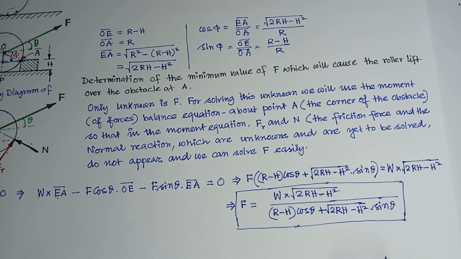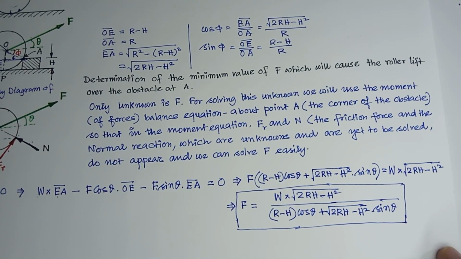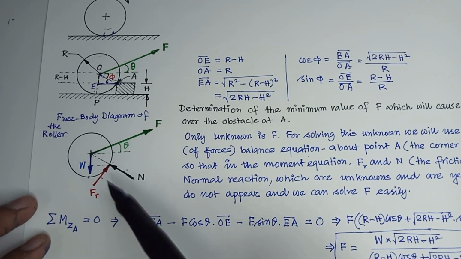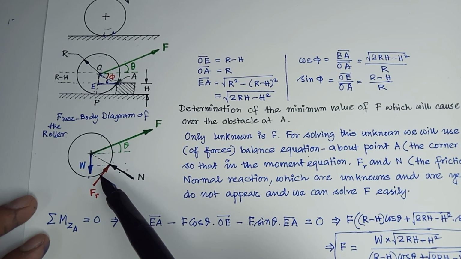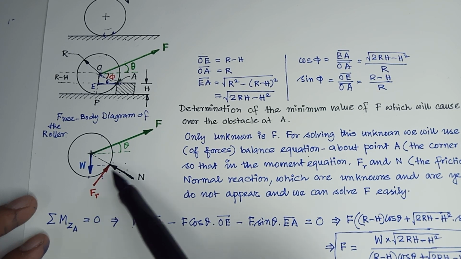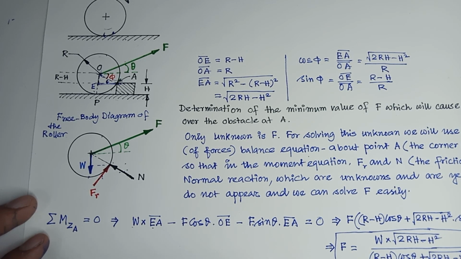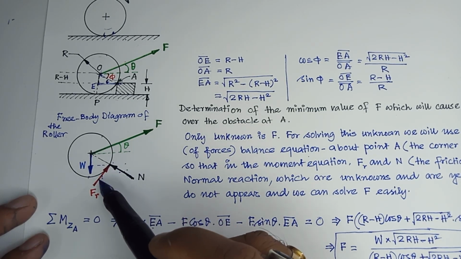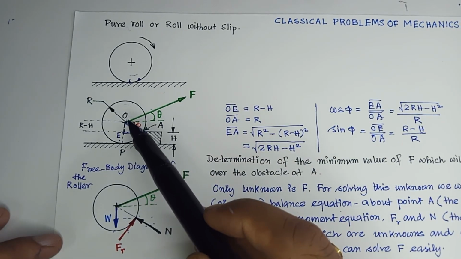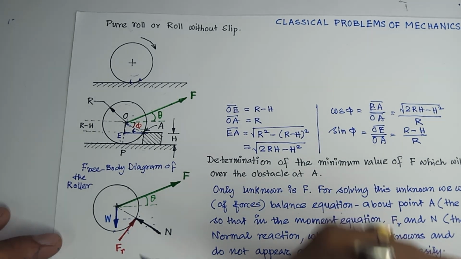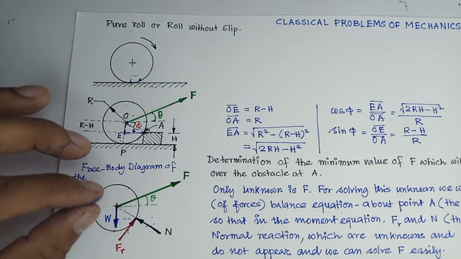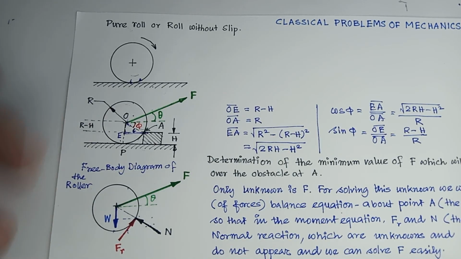Okay, now this problem has two more levels. The second level is that we have not yet determined these two values. In the second level, we will solve for the force equations and we will determine these two. And in the third level, we will determine the minimum value of the coefficient of friction at this point between the pair of surfaces, such that there will not be any slip. In this problem, we have assumed that there is enough friction. So enough means how much?